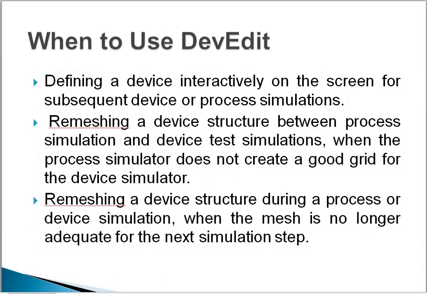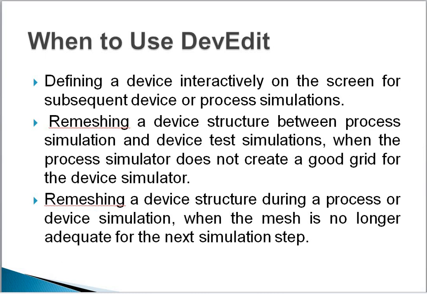When to use DevEdit? Defining a device interactively on the screen for subsequent device or process simulations. Second point, remeshing a device structure between process simulation and device test simulations, where the process simulator does not create a good grid for the device simulator.